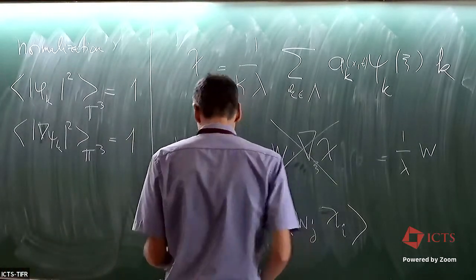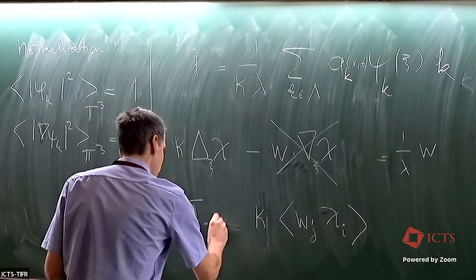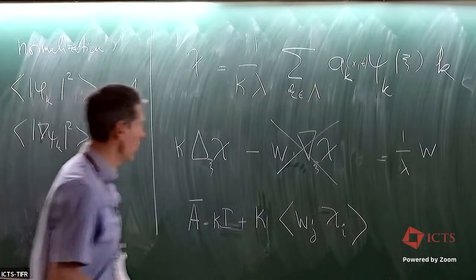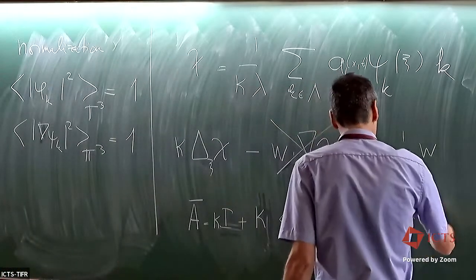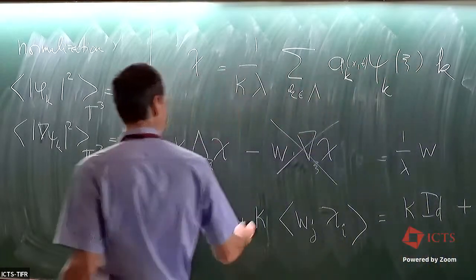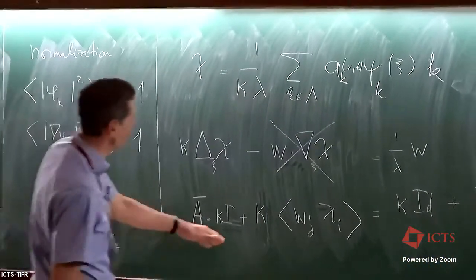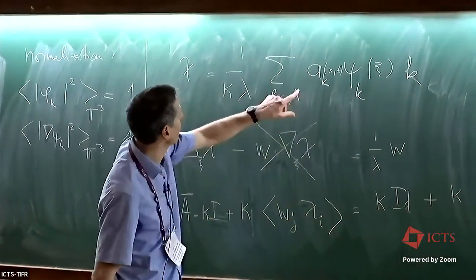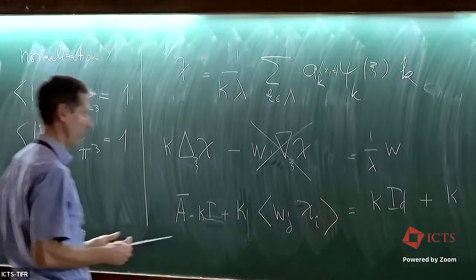So this is kappa times the identity plus kappa times that W_j chi_i. Again, you don't have cross terms. i has to equal j, otherwise you're in a different tube and they are disjoint.